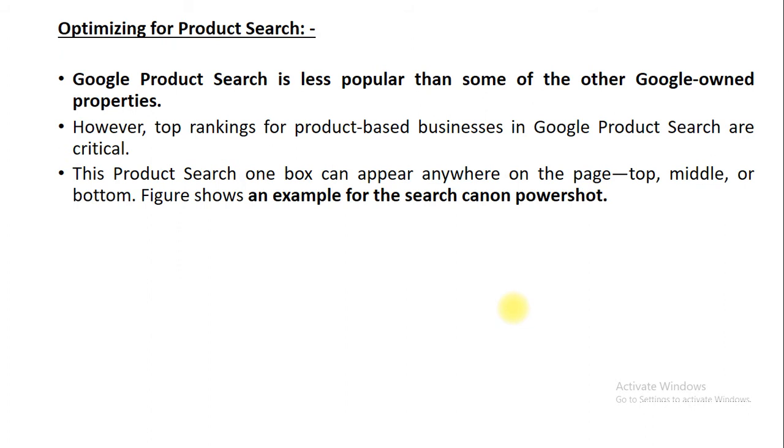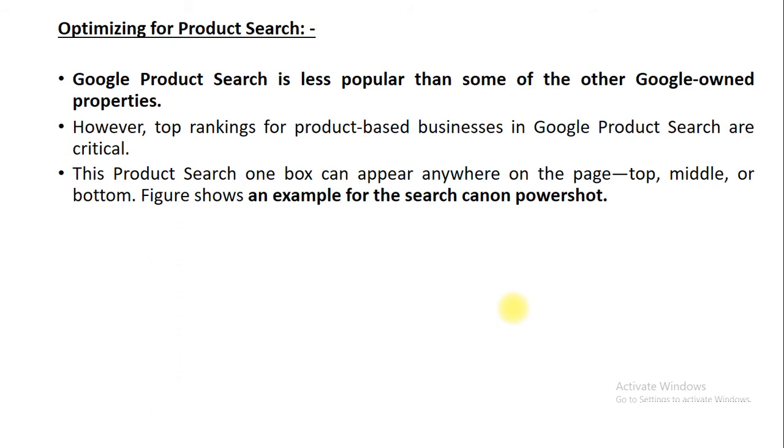For example, when you want to search for a Canon PowerShot, or nowadays people purchase products like clothes, garments, and accessories from the internet. So nowadays we cannot say that this type of Google search is less popular, but in 2006 or 2007, when this concept was introduced by Google, it was less popular. Let me read out the points.